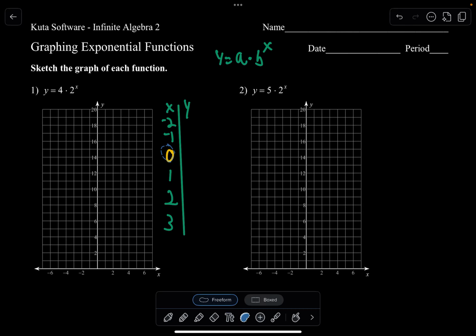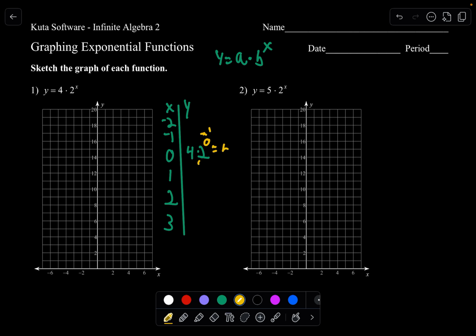So when x is 0, it will be 4 times 2 to the 0 power. 2 to the 0 is 1, so that's 4 times 1, which is 4. So we have a y-intercept of 0, 4. When x is 1, it just becomes 4 times 2 to the first, which is 4 times 2 is 8.